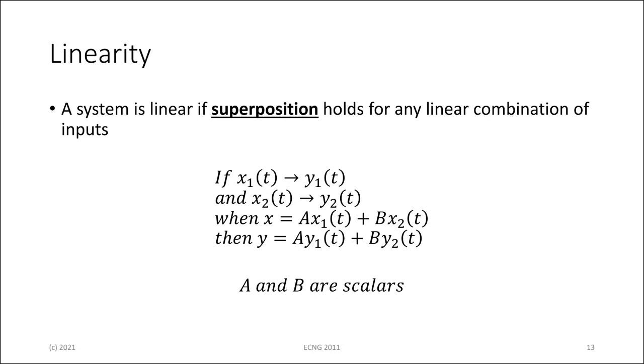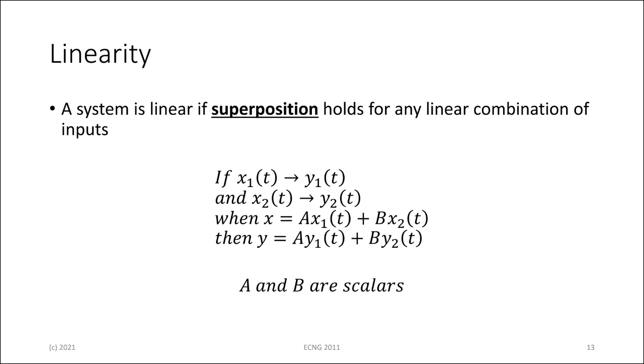All right? So a system is linear if superposition holds for any linear combination. And linear means addition, subtraction, or multiplication by constants, right? So if X1 gives me some output Y1 and X2 gives me some output Y2, X1 plus X2 is supposed to give me output Y1 plus Y2.